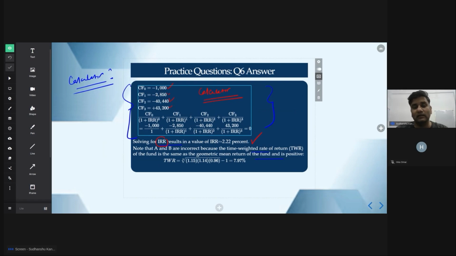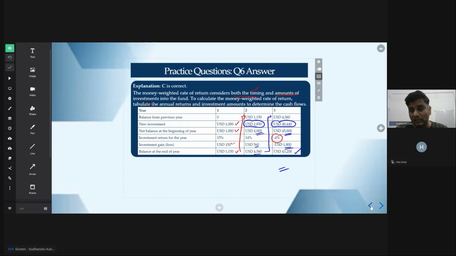Please understand that whenever there are cash flows, the invested cash flows are generally taken as a negative amount. And this is also a very big confusion, guys. Negative and positive, right? So if you go back and see the table again, the initial investment which you had is considered to be CF0.